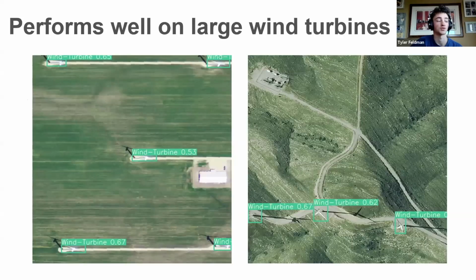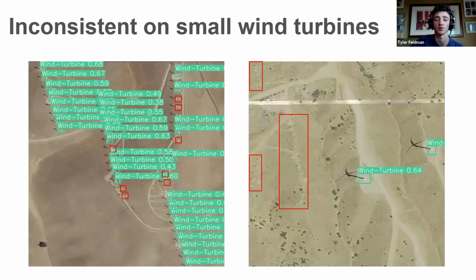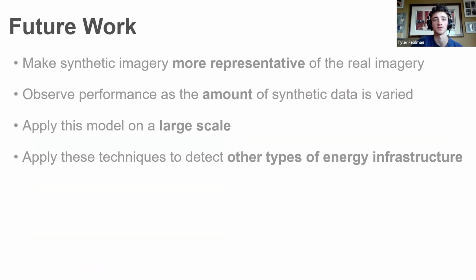And so looking at the actual output, it performs very well on large wind turbines. However, in California predominantly, there are these small wind turbines, and the performance on those is inconsistent. And so in the future, we would like to create synthetic imagery that has high quality small models to improve the performance on these small wind turbines.